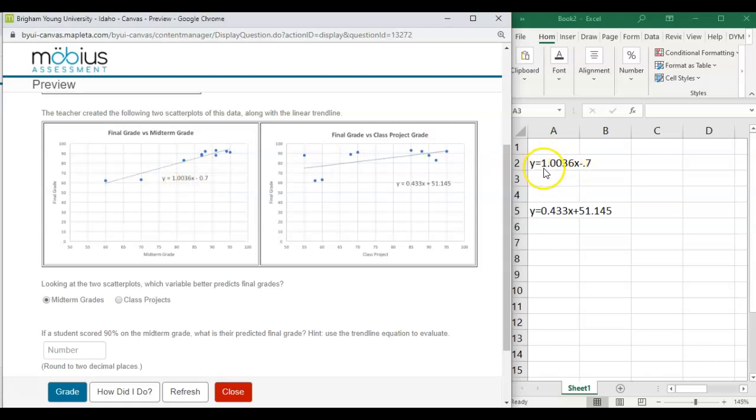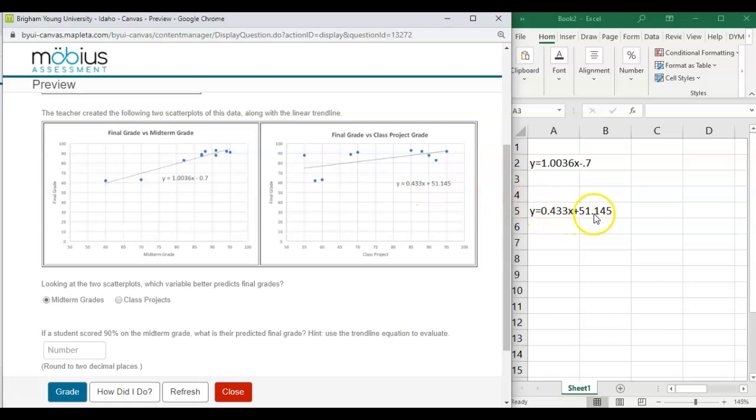I typed this over here and I'm going to double check for any typos. 1.0036x minus 0.7. It's very easy to make those little typos and then everything goes awry. So double check all of your work. Then the next one, I put this over here as well just because I know that we're going to work with it on the next question, and I'm going to double check my numbers here.